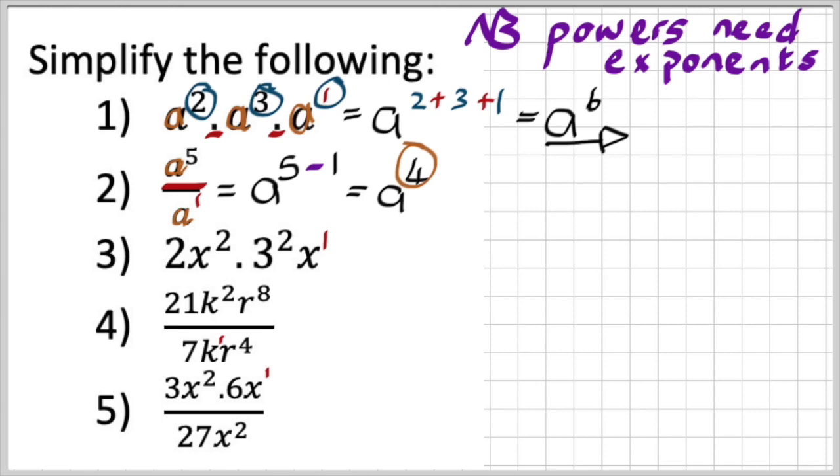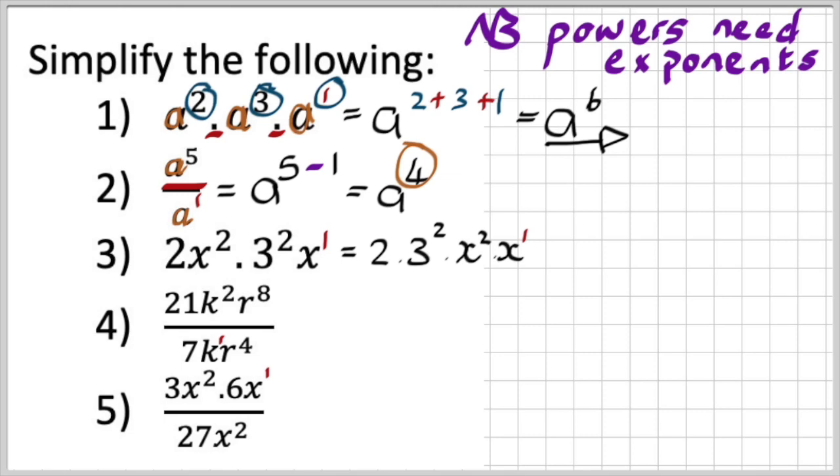Question 3. I'm sitting with 2x raised to the 2 times by 3 raised to the 2x raised to the 1. So what I would like to do is actually rearrange this so I put all my numbers together and all my x's together. So I'm just shuffling this all around.